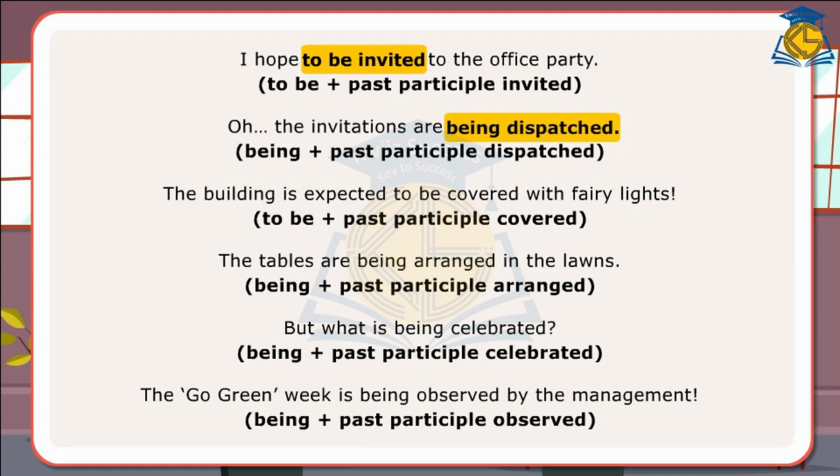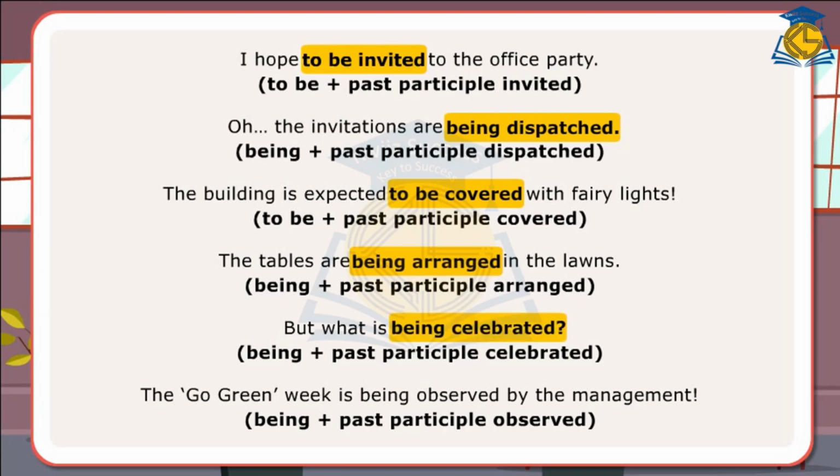Being plus past participle dispatched. The building is expected to be covered with fairy lights. To be plus past participle covered. The tables are being arranged in the lawn. Being plus past participle arranged.